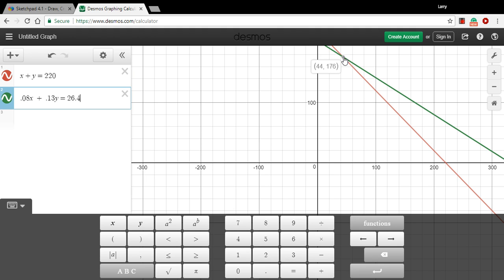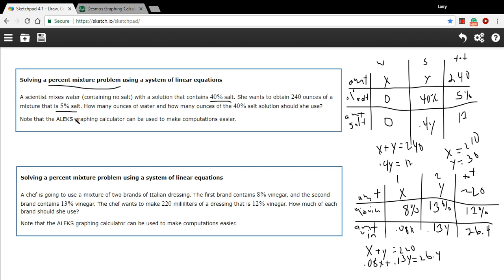So we've got 44 of dressing X and 176 of dressing Y. So X equals 44 and Y equals 176. And if you just look at the problem, dressing Y is 13%, and we're wanting to get to 12%, so you'd probably use more of dressing Y because it's a lot closer to that 12% than dressing X is anyway. So these numbers seem to make sense. So that is how to solve a percent mixture problem using a system of linear equations.